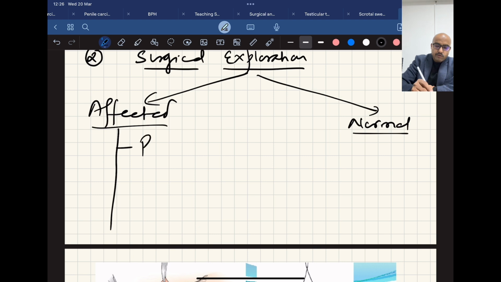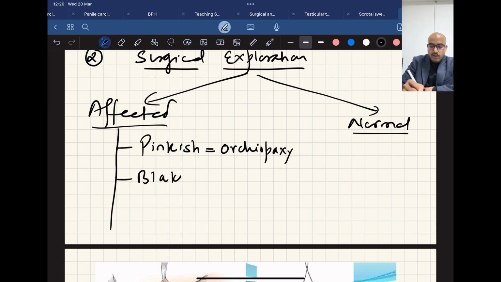For the affected testis, if you see the color change, if it is pinkish, it is still okay. Then you do fixation known as orchiopexy or orchidopexy. If it is blackish, it's already necrosed, then do orchidectomy.